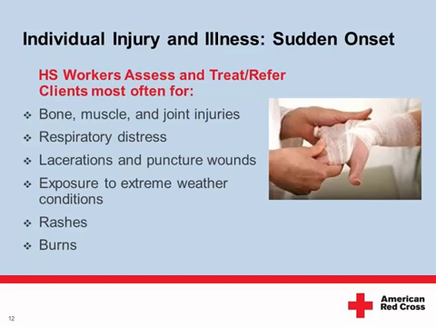Rain often follows tornadoes, leaving people outside in the rain, often in the springtime when it is much colder than people realize. Rashes are common, especially during floods, because walking through flood waters is a very toxic stew. So you want to be aware of that. And we will also see burns. These can be chemical burns from contaminated water, thermal burns from trying to stay in your house during a wildfire, and electrical burns from exposure to downed wires.